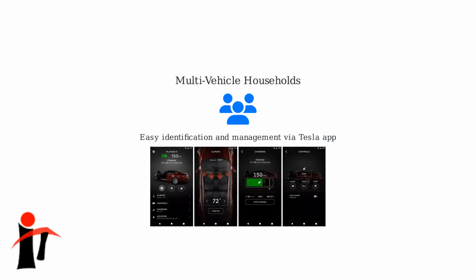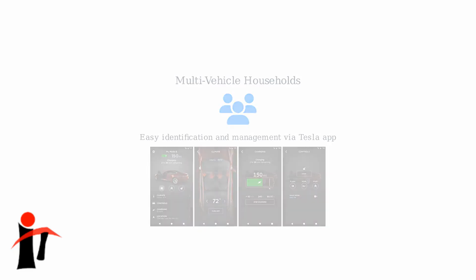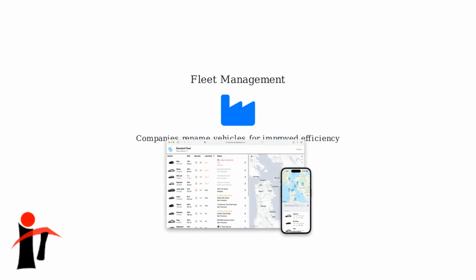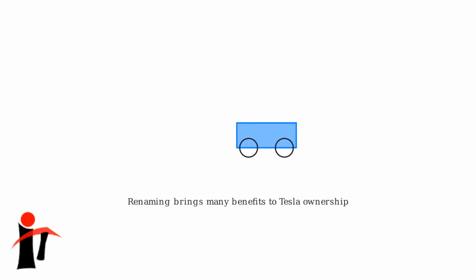In multi-vehicle households, renaming helps with easy identification and management through the Tesla app, allowing seamless control of multiple vehicles. Some companies use vehicle renaming within their Tesla fleets for better organization and improved efficiency in tracking and managing multiple vehicles. Overall, renaming your Tesla offers numerous benefits, from personal connection to practical management solutions.